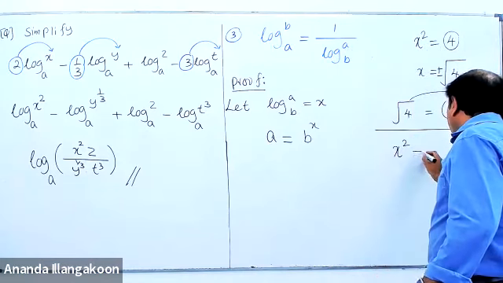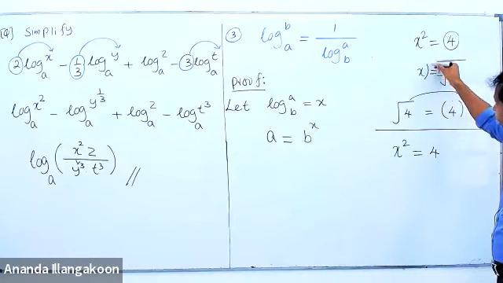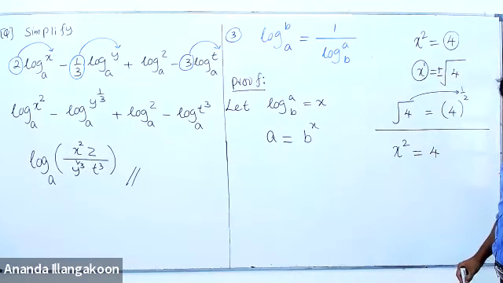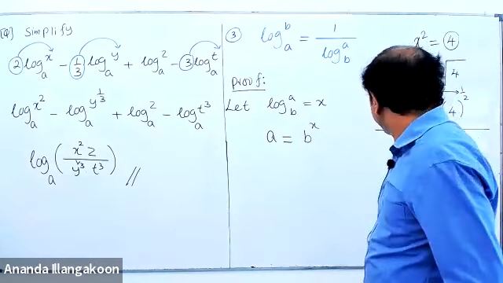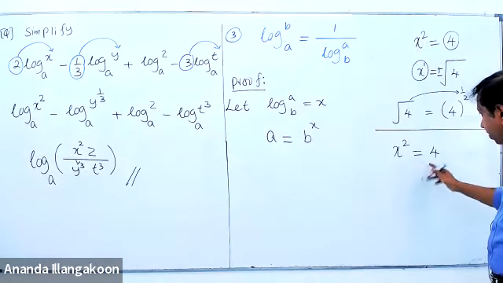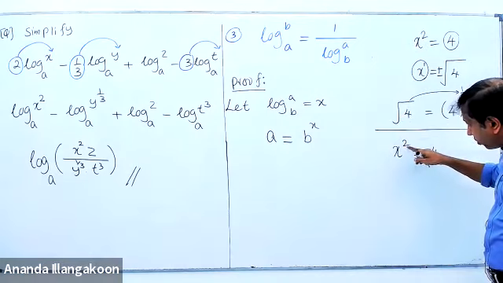X squared equals 4. People, we need to find this x, no? Finding x means we need to find x to the power 1. We are really going to find this x to the power 1. That means in this equation, the power of x, presently 2, should be 1.